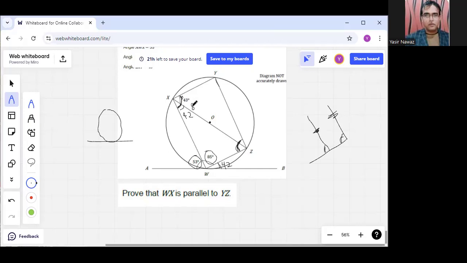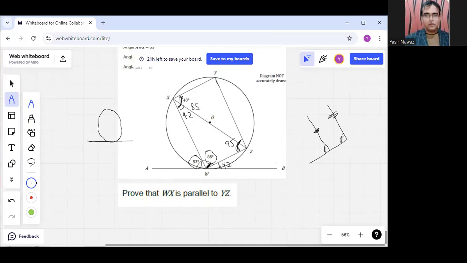So this angle is 85. The opposite angle would be 180 minus 85, because of the cyclic quadrilateral. So it's 95. This angle is 95.